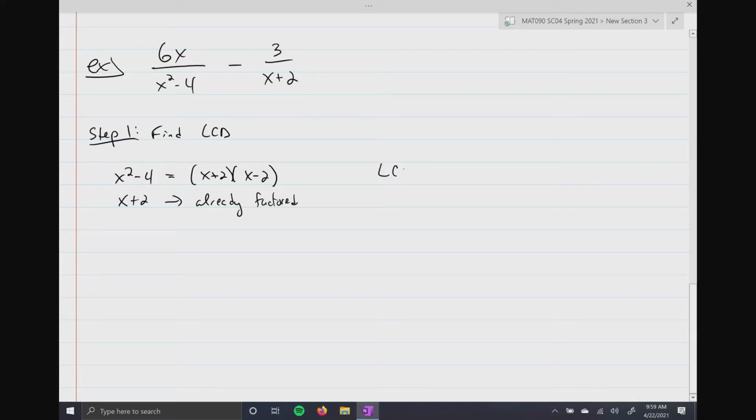So my LCD is going to be the product of the unique terms. In any one factorization, I see x plus 2 at a maximum one time. And then the x minus 2, I see that one time. So I know my LCD is going to be x plus 2 times x minus 2.